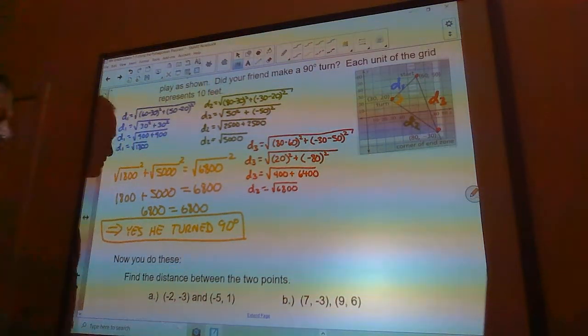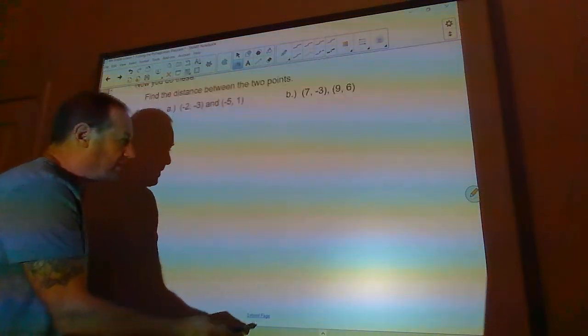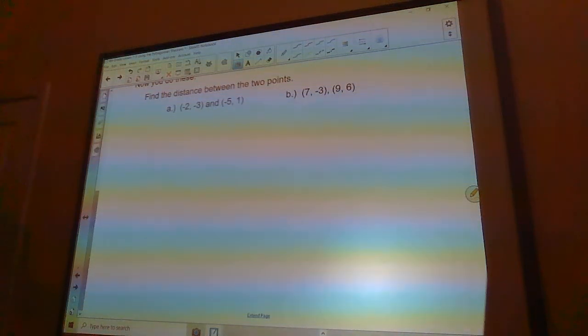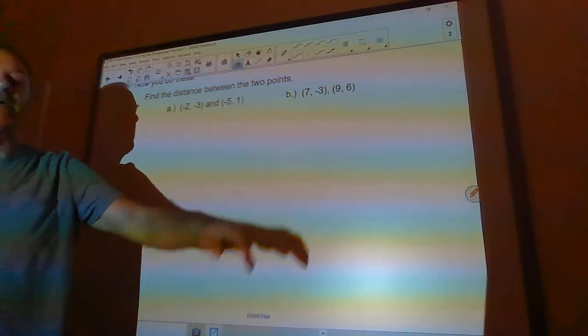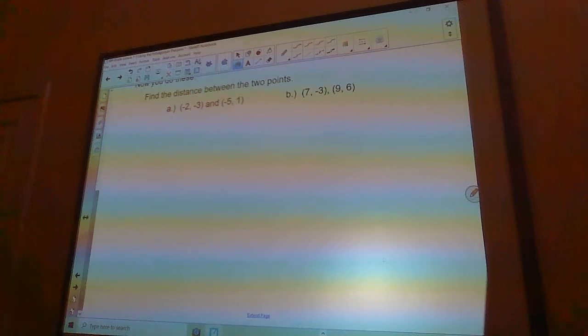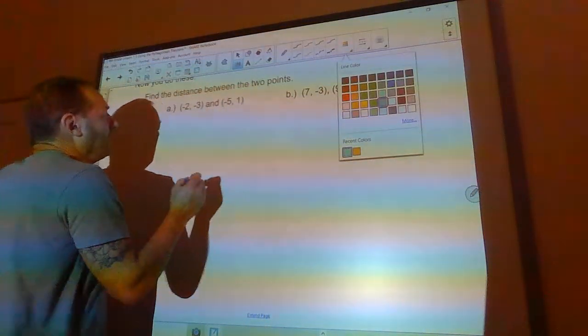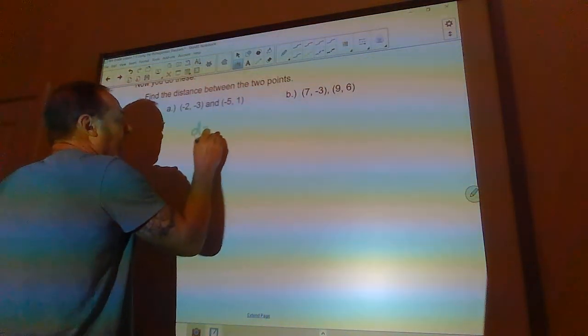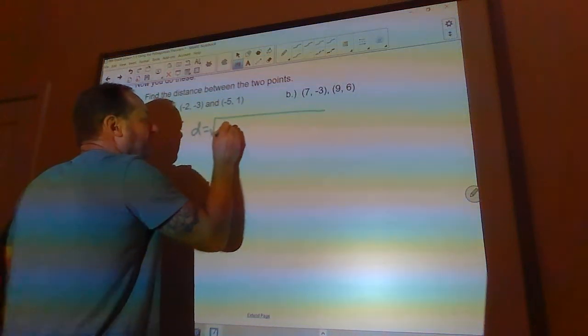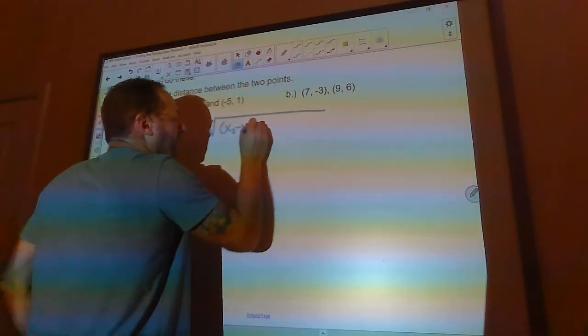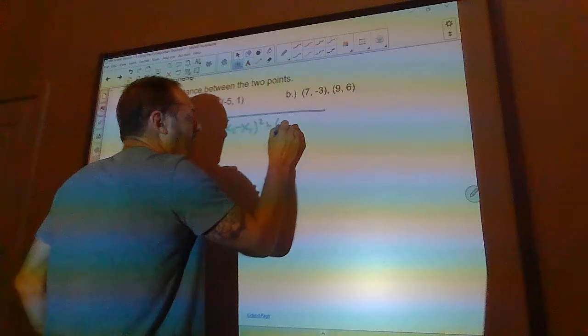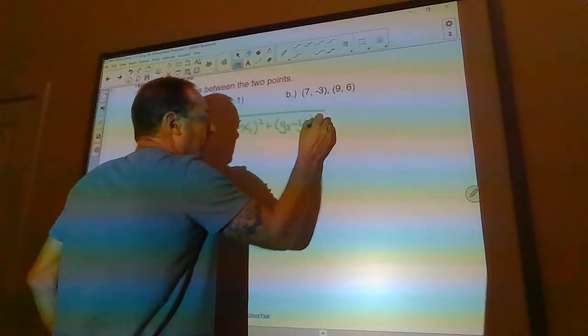Okay, so here's what I want you to do. I want you to calculate the distance between the 2 points in problem A and problem B. So pause the video here, do those two problems, and then jump back on and see how you did. Okay, so we're going to write down our distance formula. It's the square root of x2 minus x1 squared plus y2 minus y1 squared.